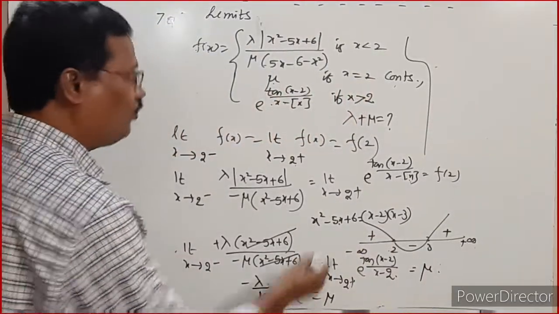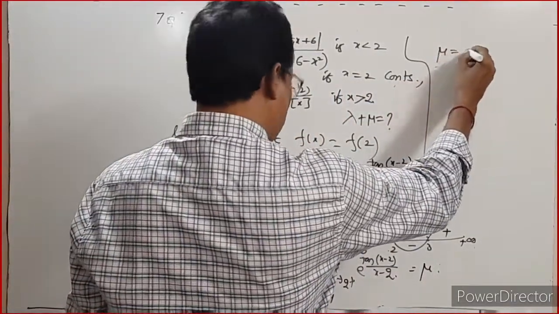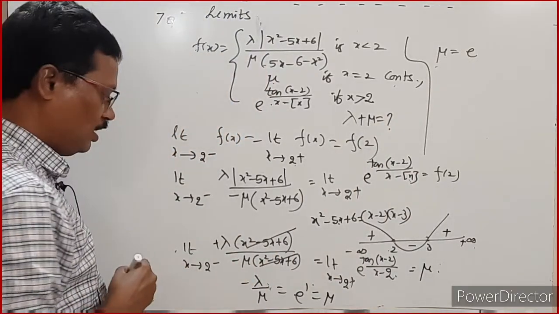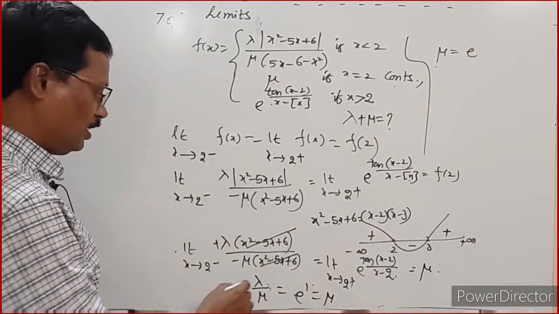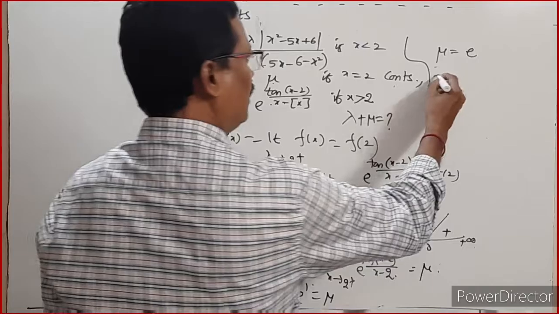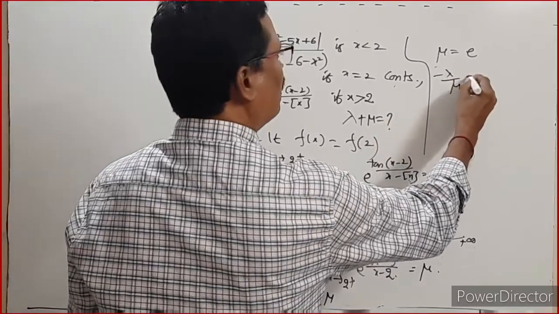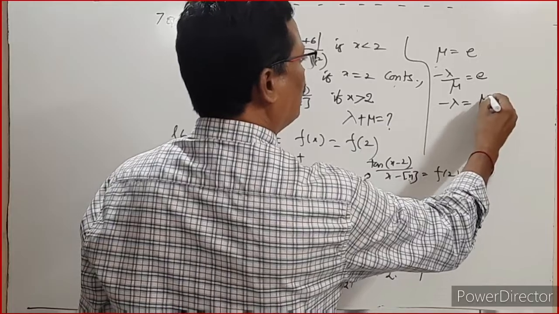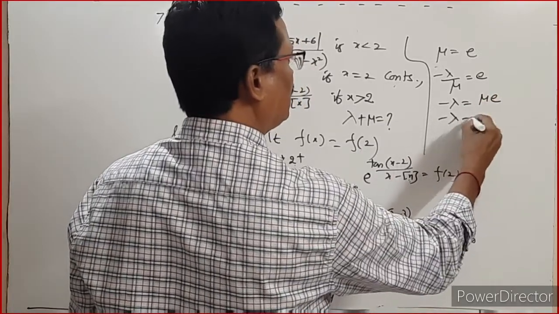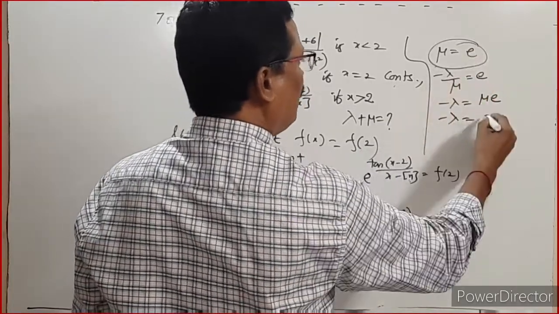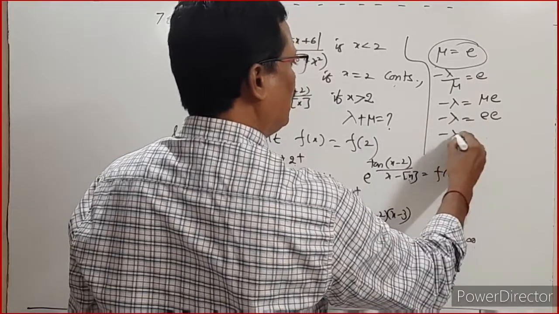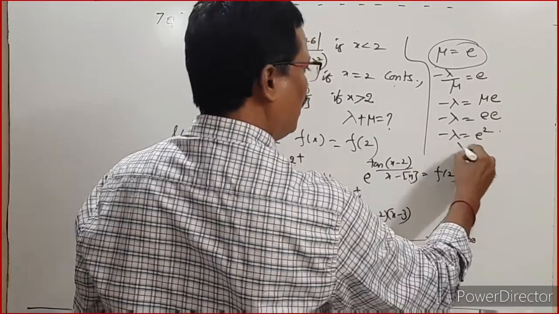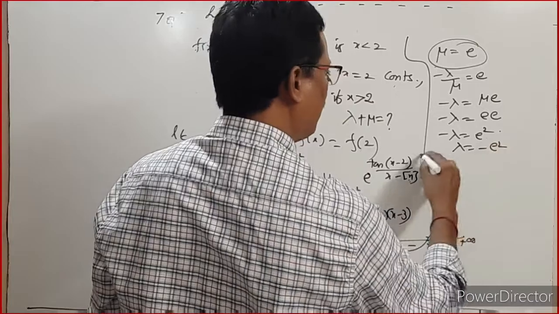Now see that mu we got, that mu is e power 1, and see here this minus lambda by mu is equal to e. Therefore minus lambda is mu into e. Therefore minus lambda, mu we got e, e into e, minus lambda is e square, lambda is equal to minus e square.